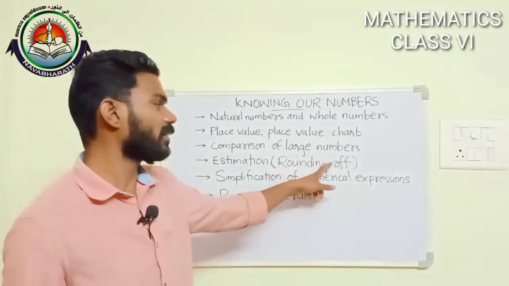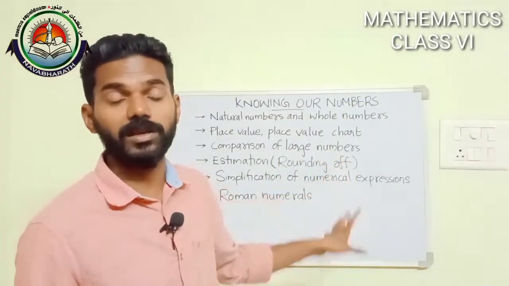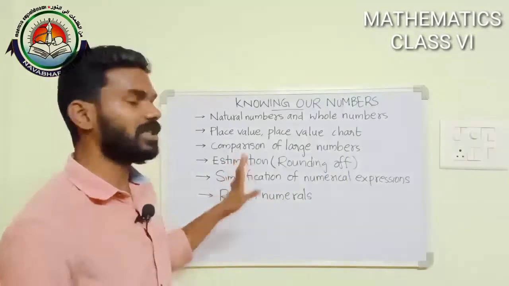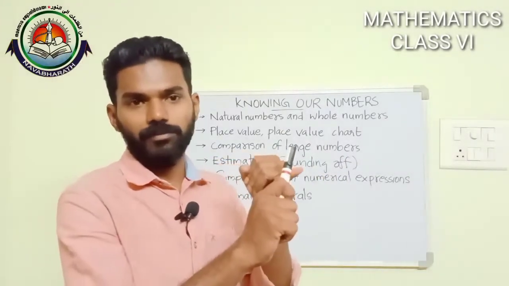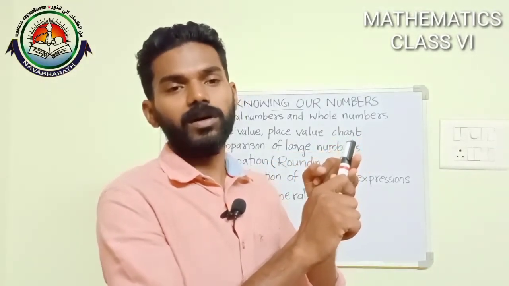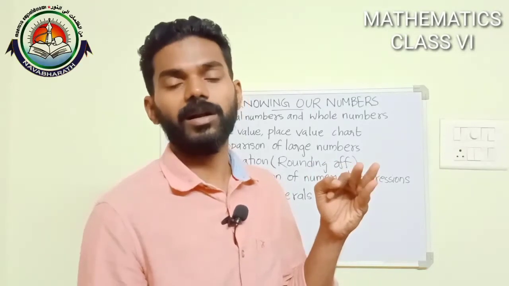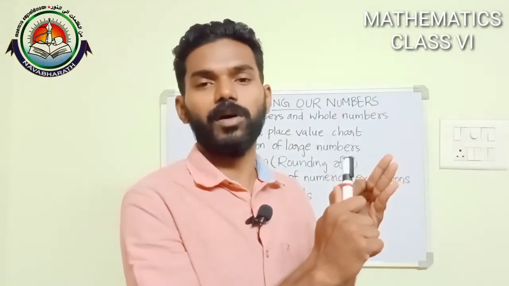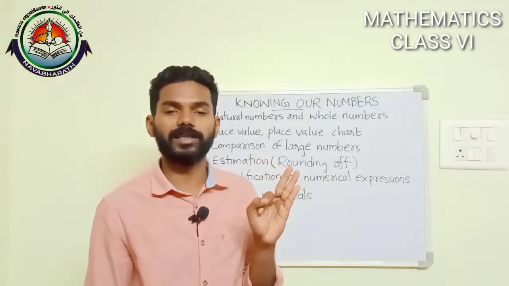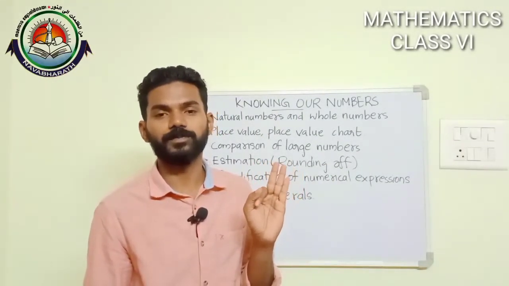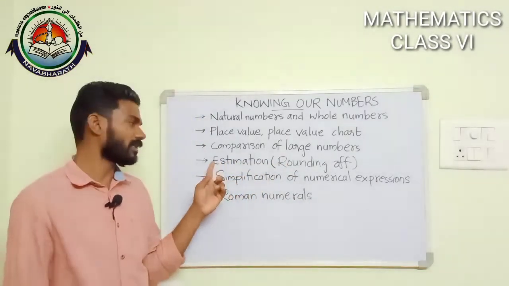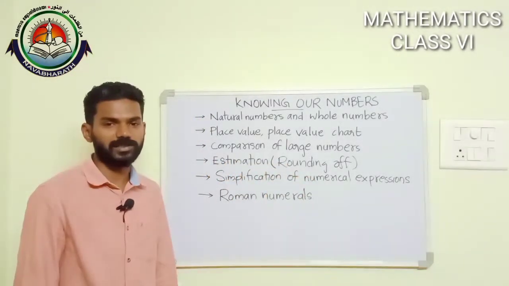And using this rounding off, we also discussed the estimation of sum or addition, difference or subtraction, and also how we can find the estimate of a product. Clear? So these were the topics discussed under estimation.